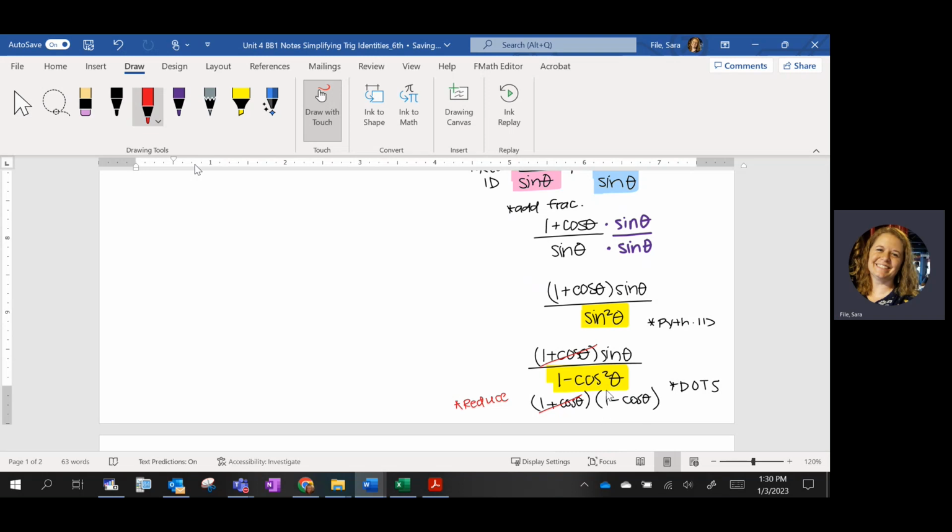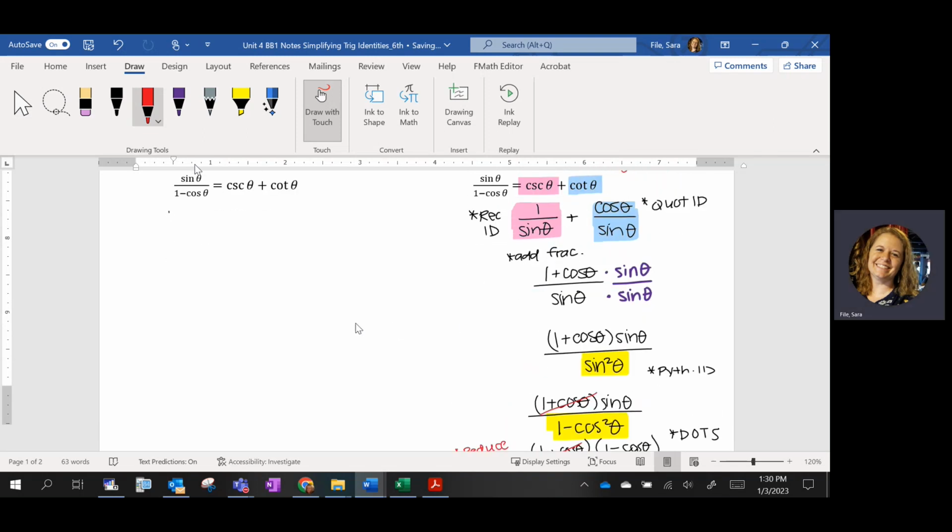When we try the other side, I think I'm going to refresh your memory on another algebraic step that we could have done here. You all good with this side? Okay. So let's go back. Let's try working the left side instead.